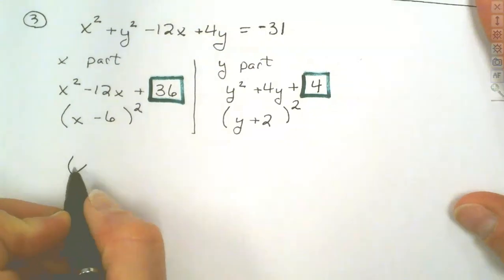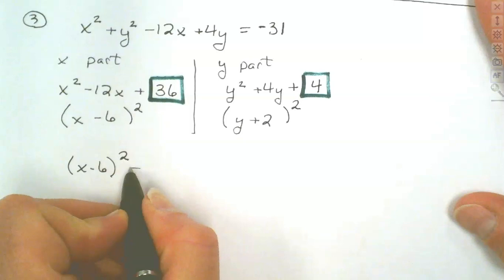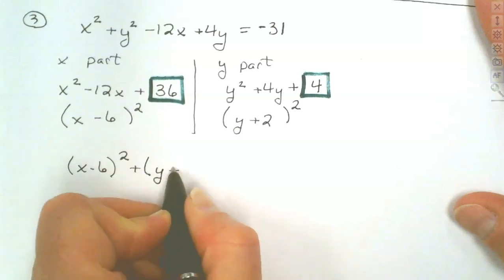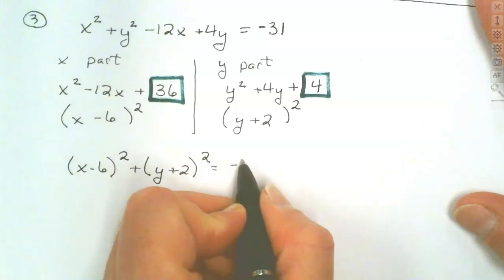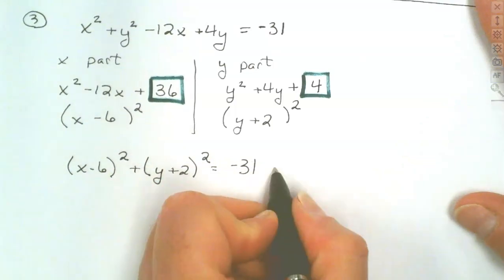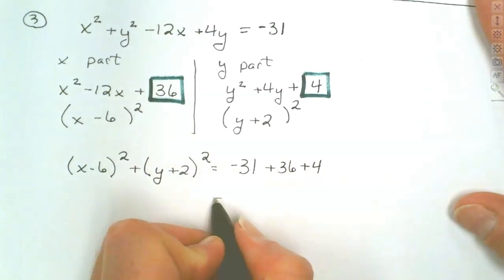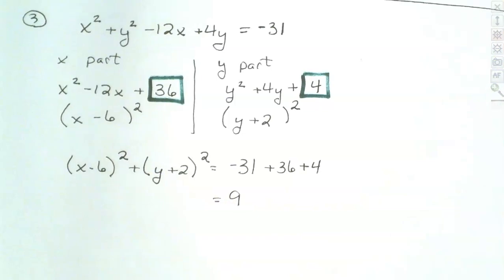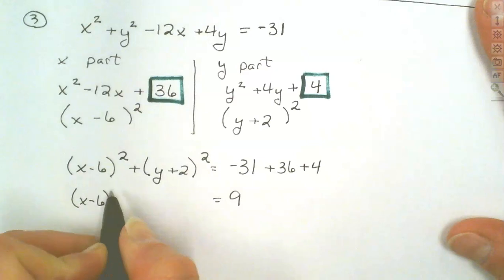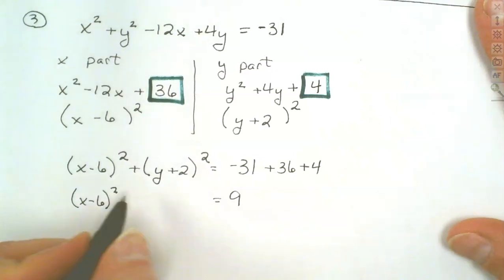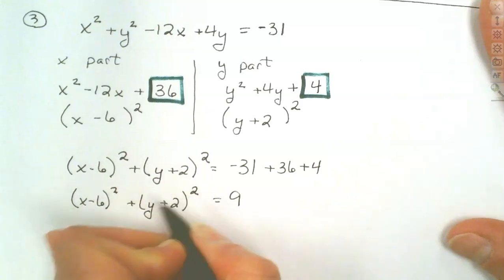So we've got x minus 6 quantity squared plus y plus 2 quantity squared. That equals negative 31 plus 36 plus 4. So that reduces down to be a 9 on the right-hand side. And we've got an x minus 6 quantity squared plus a y plus 2 quantity squared.